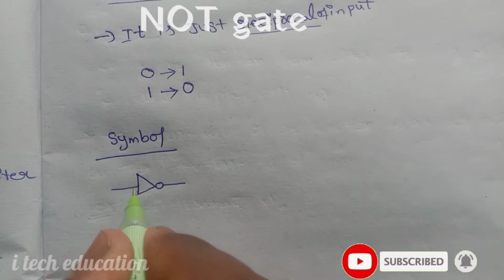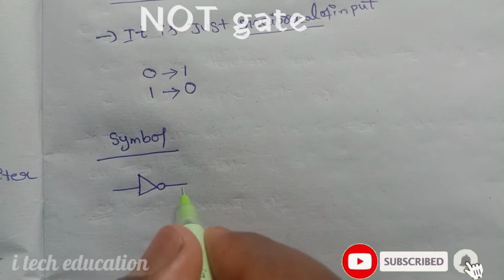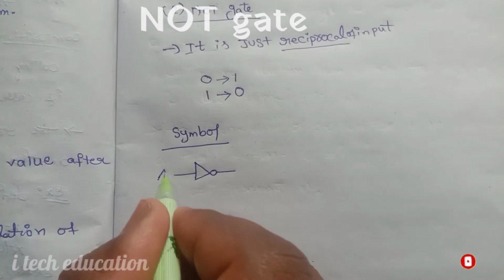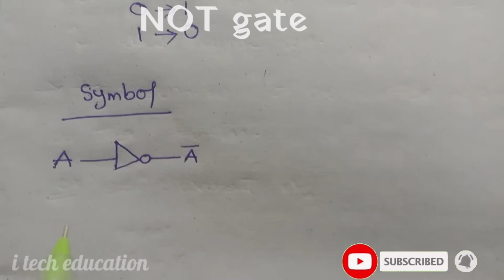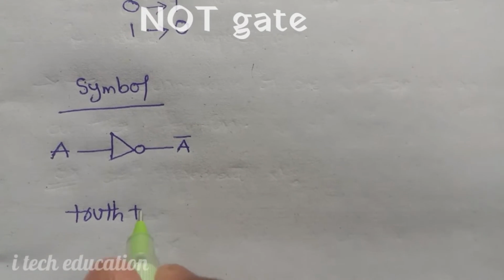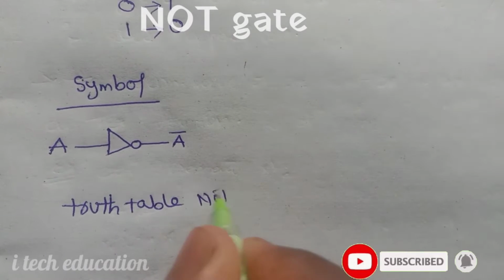Only one input is required and one output is given. Let us see the truth table of NOT gate.